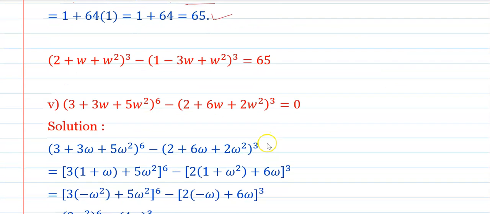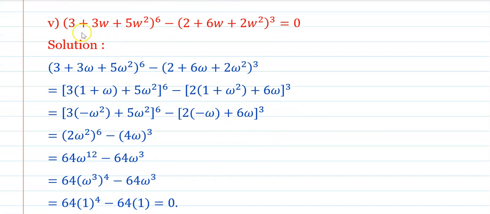Okay, now the next is (3 + 3ω + 5ω²)⁶ − (2 + 6ω + 2ω²)³, and that's equal to 0. पुन्हा इथे आपण बघणार यामध्ये first bracket.